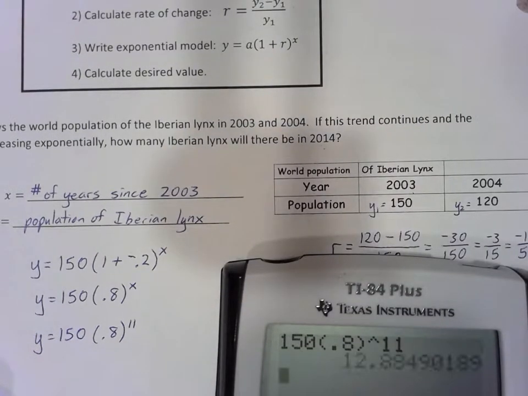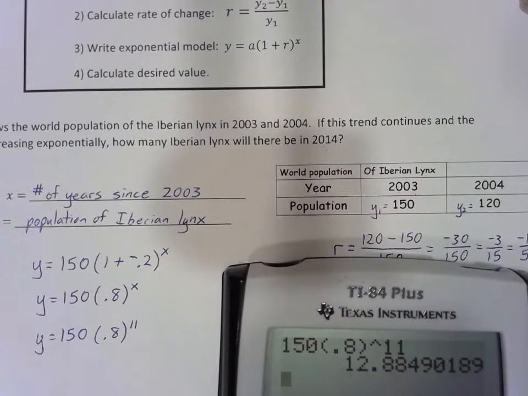I hit enter. I've got 12.9 Iberian lynx. Well, I can't have 0.9 Iberian lynx. So this model is approximating, so we round to the closest whole number of lynx to say this is how many we expect.